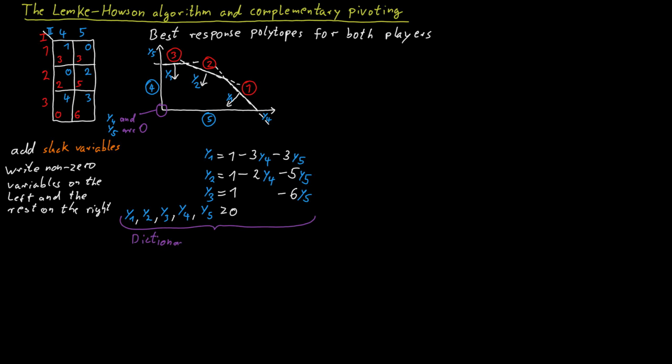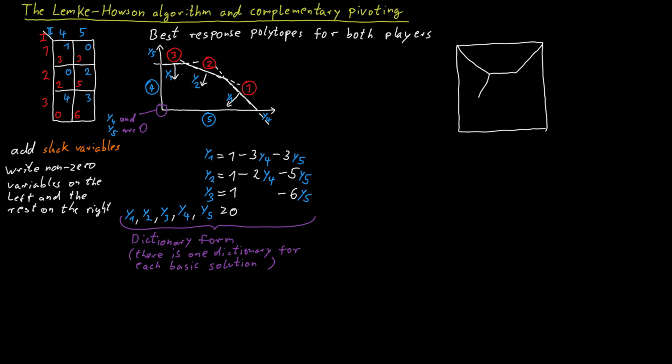And now the result here is called a dictionary. There's one dictionary for each basic solution, for each vertex in the polytope. Okay? We do the same thing for the best response polytope of the other player. So if you remember, the flattened version of the best response polytope for the other player looked roughly like this.